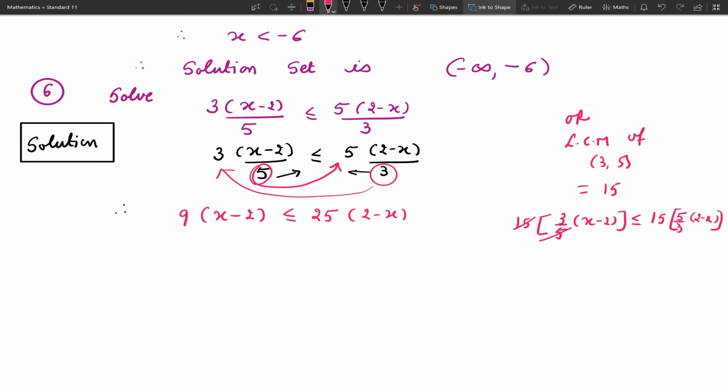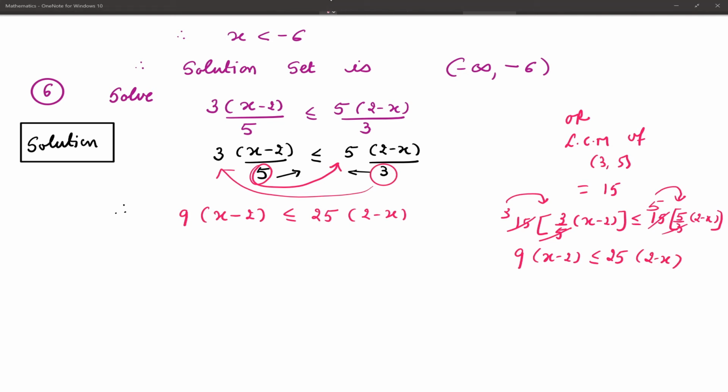So 3 into 3, 9 into x minus 2 less than or equal to 3 5s are 15, 5 into 5, 25 into 2 minus x. So you will get the same thing.